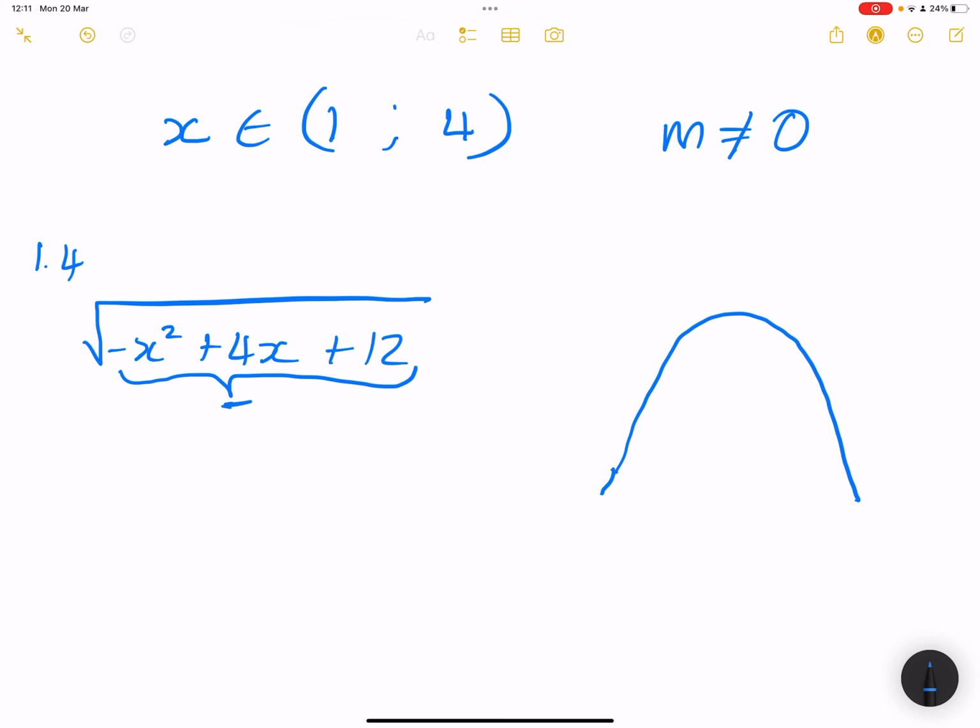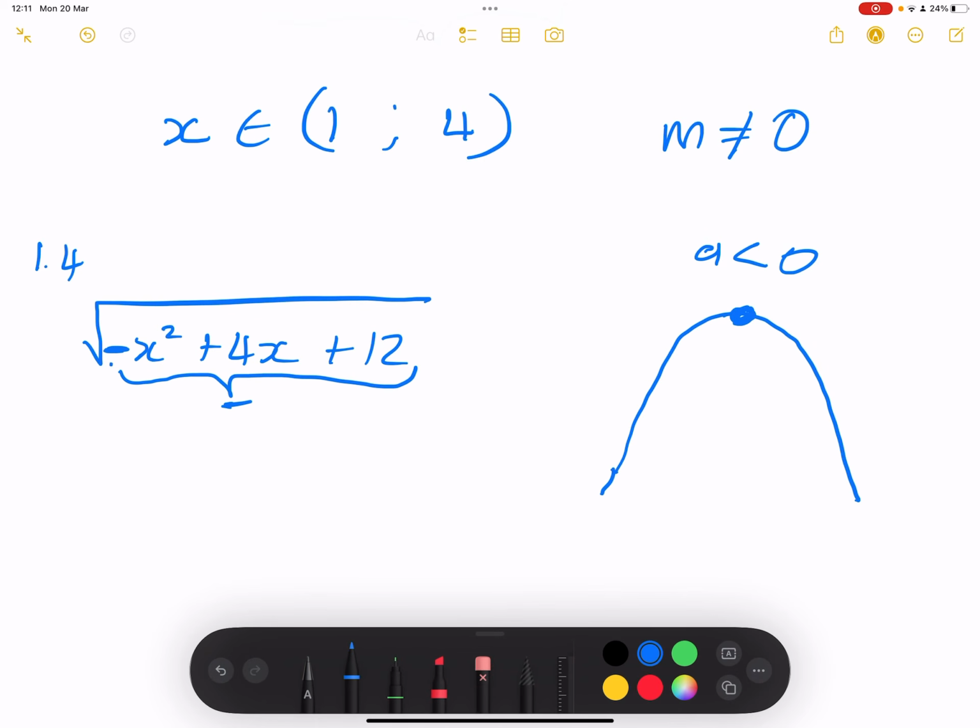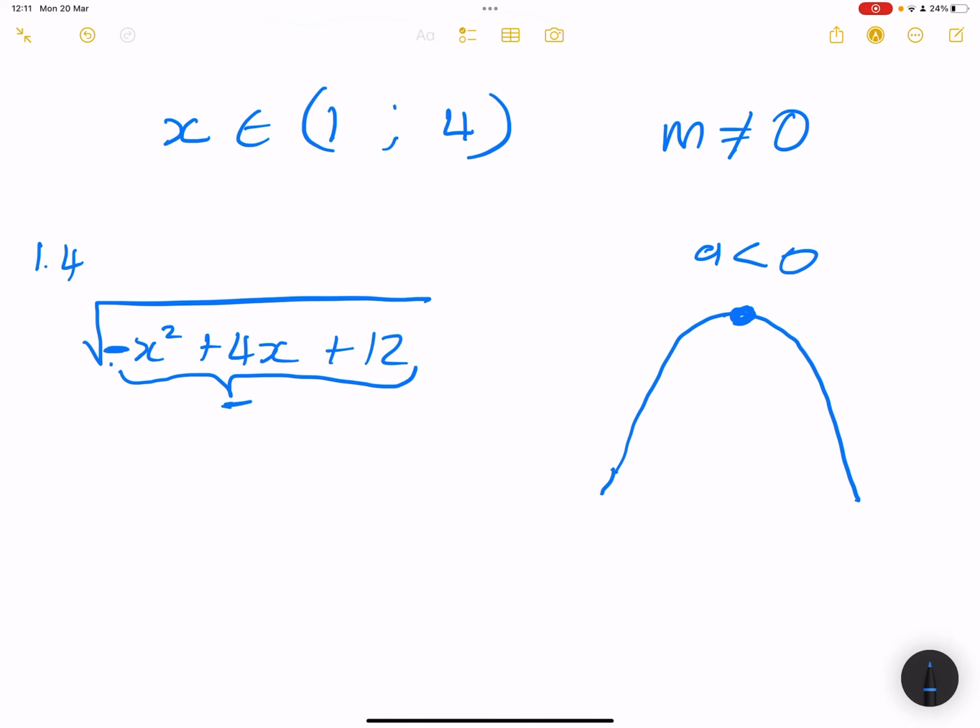In this case, it would be maximum because you can see that the coefficient of x squared is negative, less than 0. And so that means it's a sad parabola, meaning that we've got a maximum value. Now where do we get the maximum value? We get the maximum value of the parabola at the turning point.